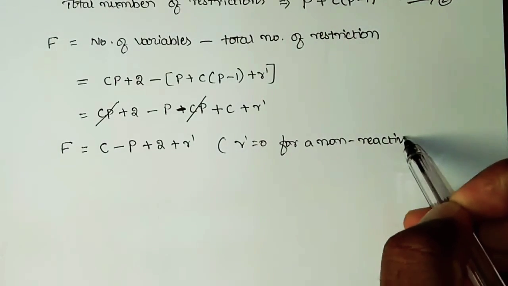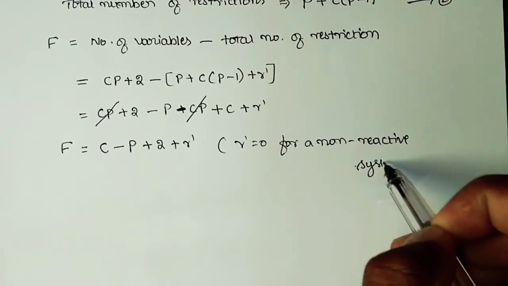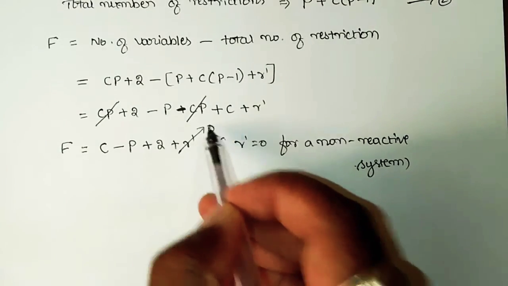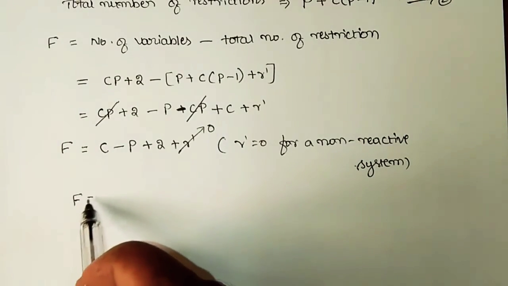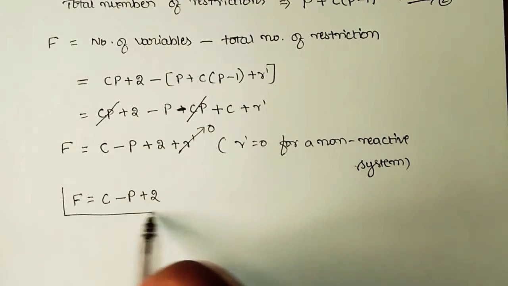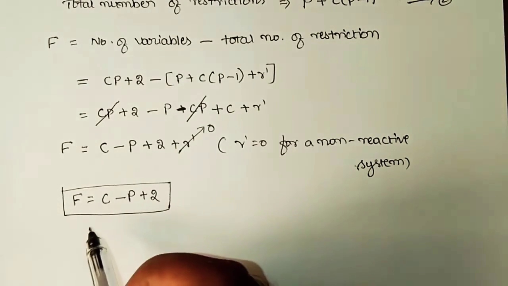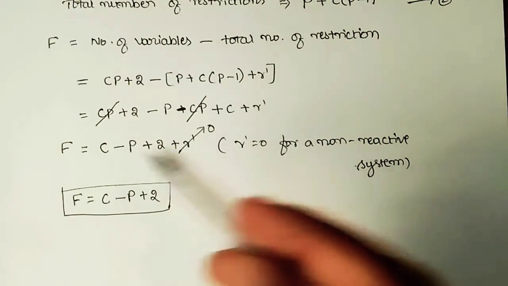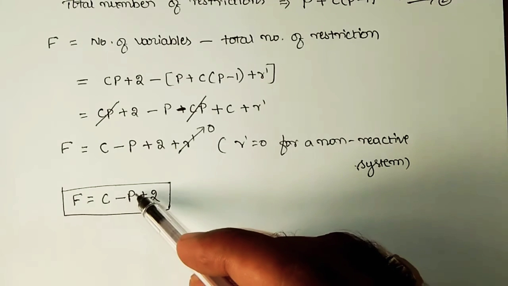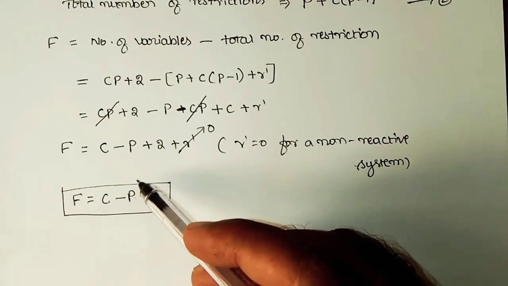If you impose the same thing in this equation, the whole term turns to 0 and the remaining thing will be F is equal to C minus P plus 2, which we call the phase rule, proposed by Gibbs in order to calculate the number of degrees of freedom by knowing the number of components and the number of phases in a system.